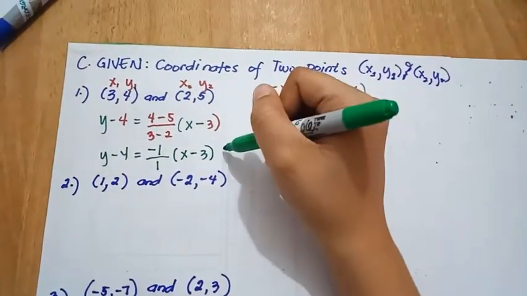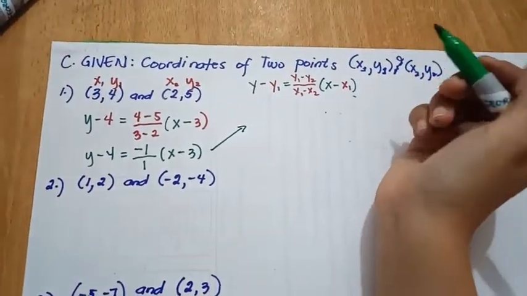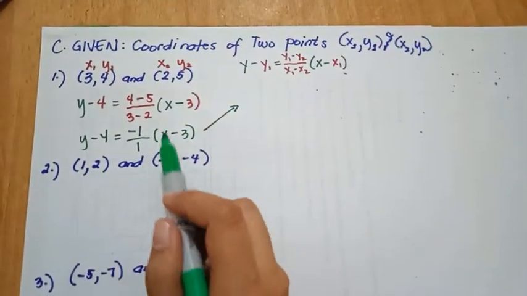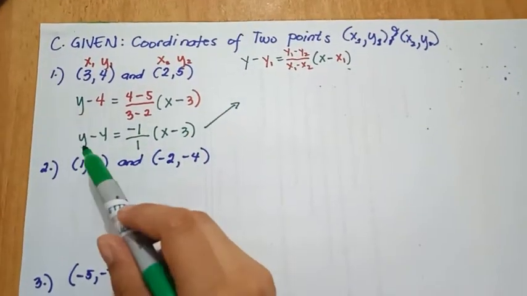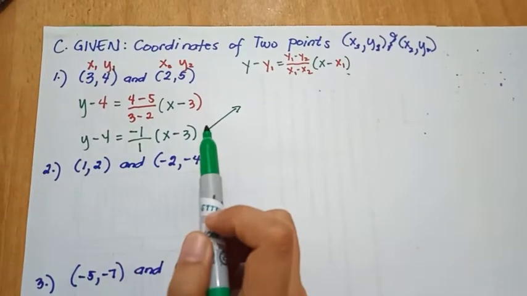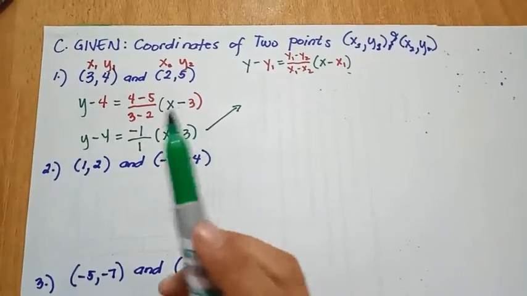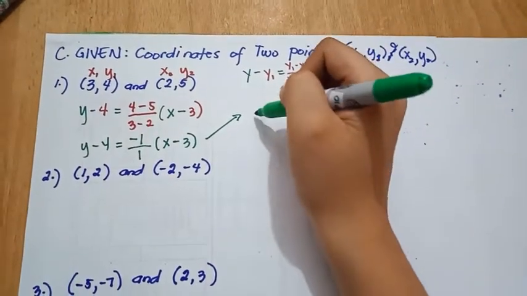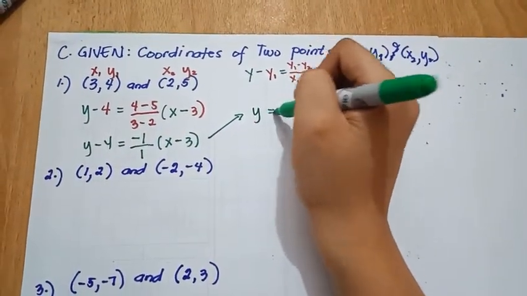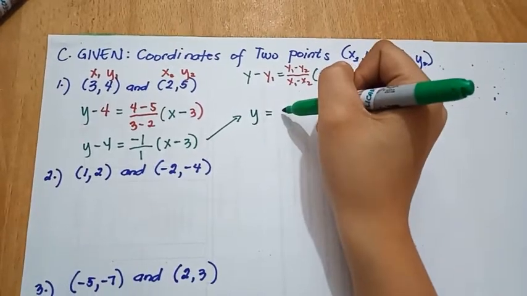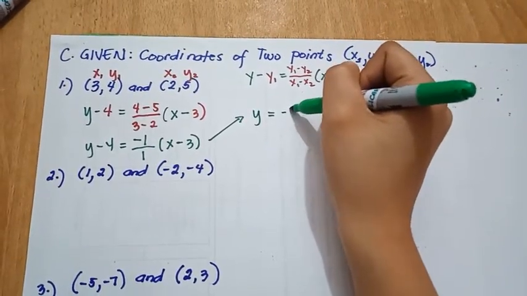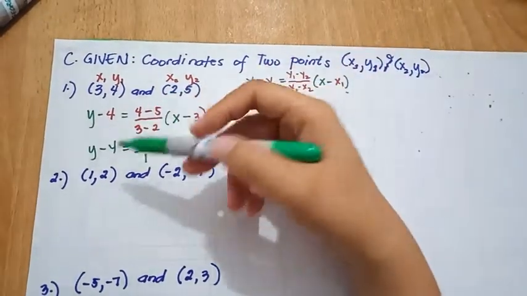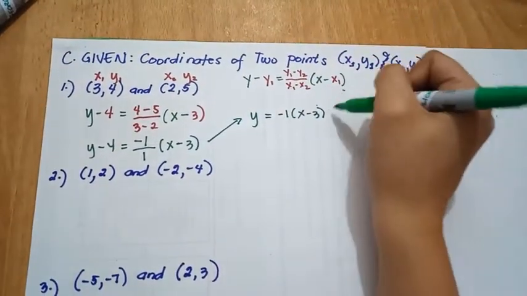For the next part, we will have to distribute our slope and then transpose negative 4 and add the similar terms, just like what we did with the point-slope form. So we have y equals negative 1 times x minus 3. Our negative 4 will already be transposed.